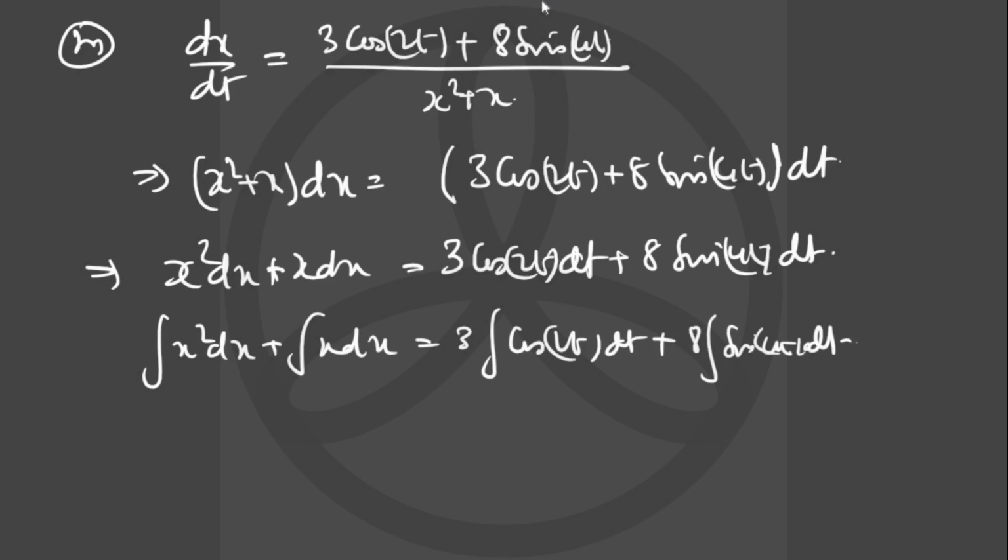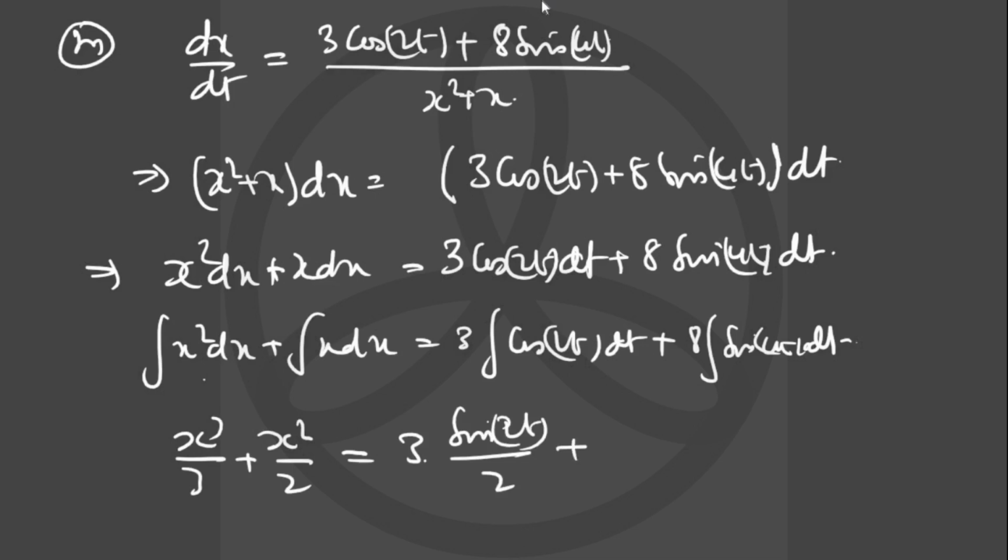As per the formula, we will get x cube by 3 plus x square by 2 is equal to 3 times sin 2t divided by 2, plus 8 times minus cos 4t divided by 4, plus c.